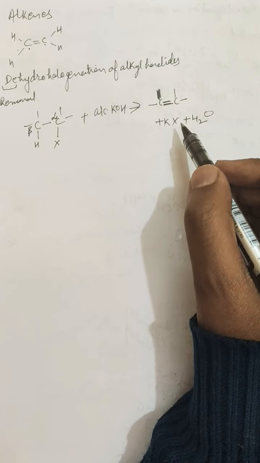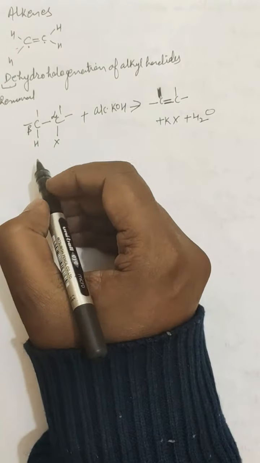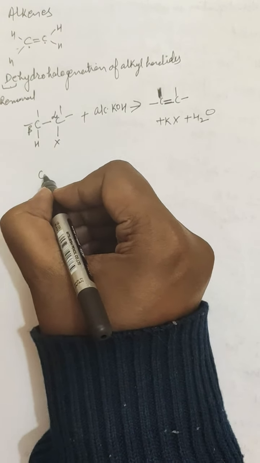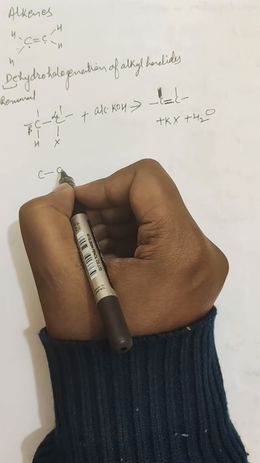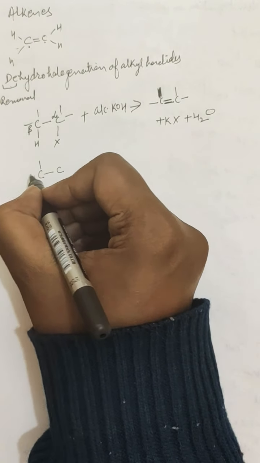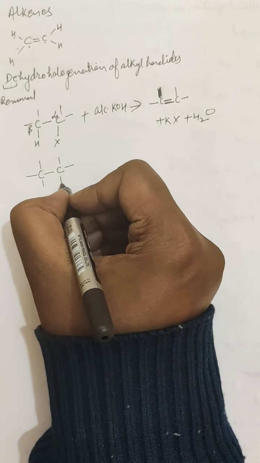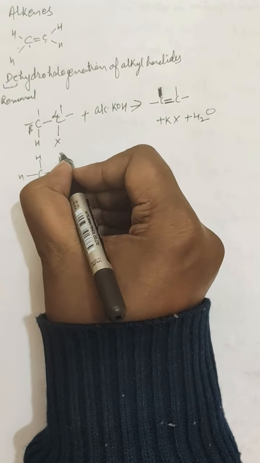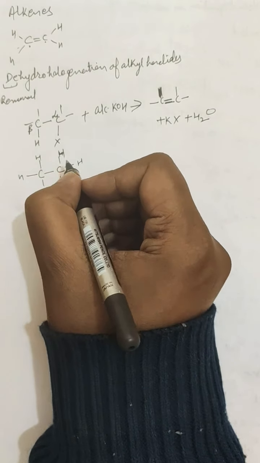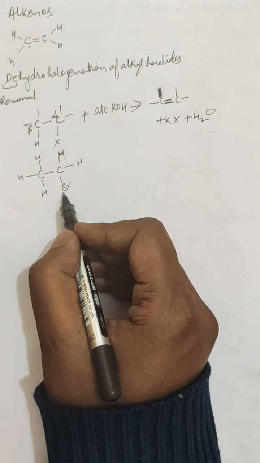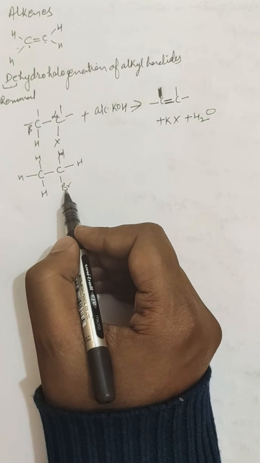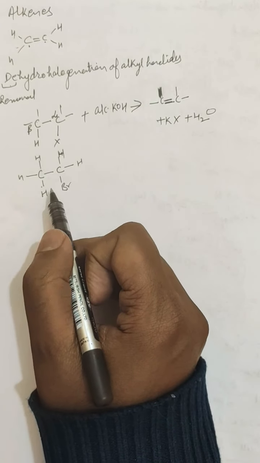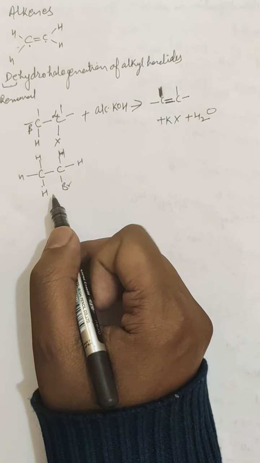So for example, if we take ethyl bromide, first we have to write the formula of ethyl bromide. Ethyl means there are 2 carbons, and we can put this halogen at either of these 2 carbons, the compound will remain the same, ethyl bromide, there will be no change. We will put this bromine on this carbon. So this is the simpler type of alkyl halide. This is called ethyl bromide.